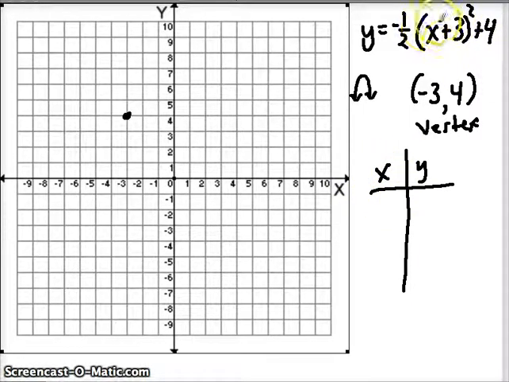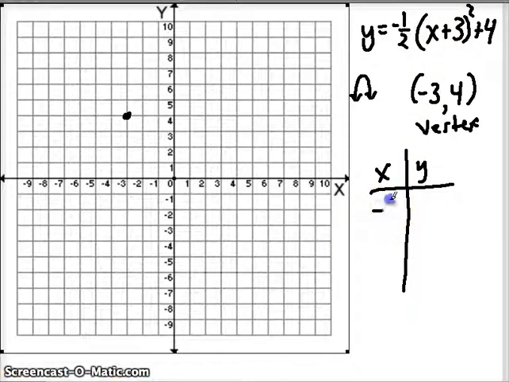So again, use values for x that make this easy to do. If I end up getting an odd number out of this expression right here, then taking a half of that is going to be a decimal, and then it starts to get crazy. So we always want to do something that comes out of this expression that is even, so that way you can take a half of it really easily. So I'm going to use -1 first.